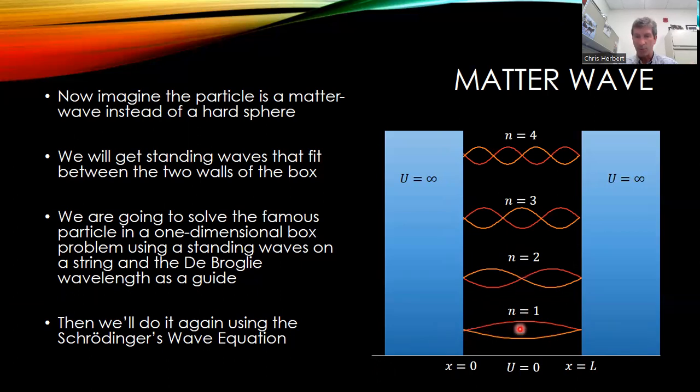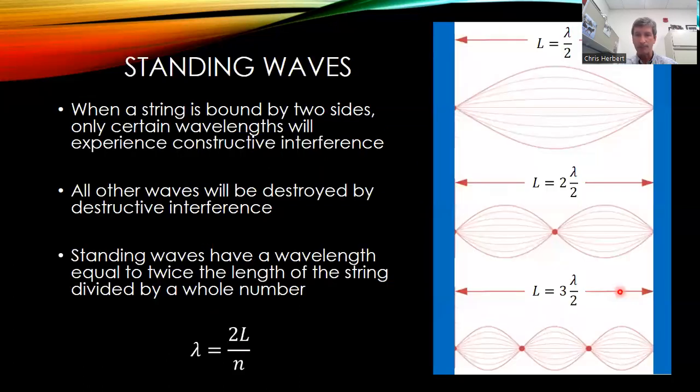So for instance, this is 1/2 of a wavelength, this is 1 full wavelength, this is 3 halves, 4 halves, which is 2, and then of course the next one would be 5 halves, and so on. So we know what the wavelength is for these matter waves. They can't penetrate into the walls, so you have to have nodes at the position of the walls, and that gives the standing waves that we see here.